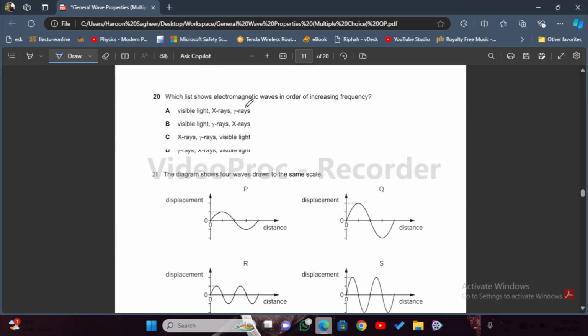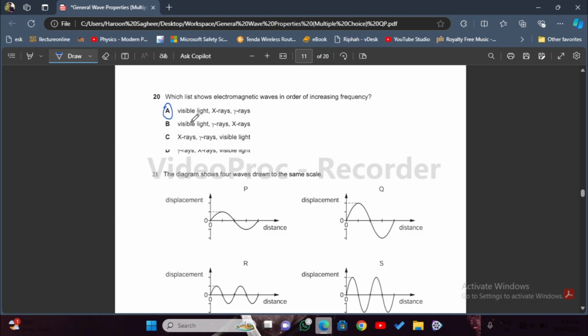Which list shows electromagnetic waves in order of increasing frequency? Now, if you remember the electromagnetic spectrum, we knew that visible light has less frequency as compared to X-rays, and X-rays have less frequency as compared to gamma rays. So this is the correct order.